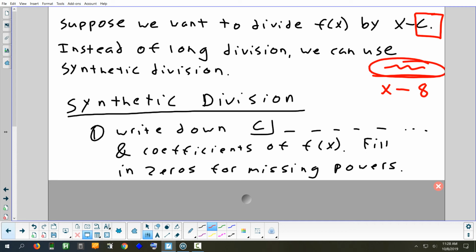Okay, so just the numbers in front. So when you do synthetic division, you're not writing any letters the whole time, just numbers. Just like yesterday, if you are missing any powers, you have to fill in zeros for those powers.